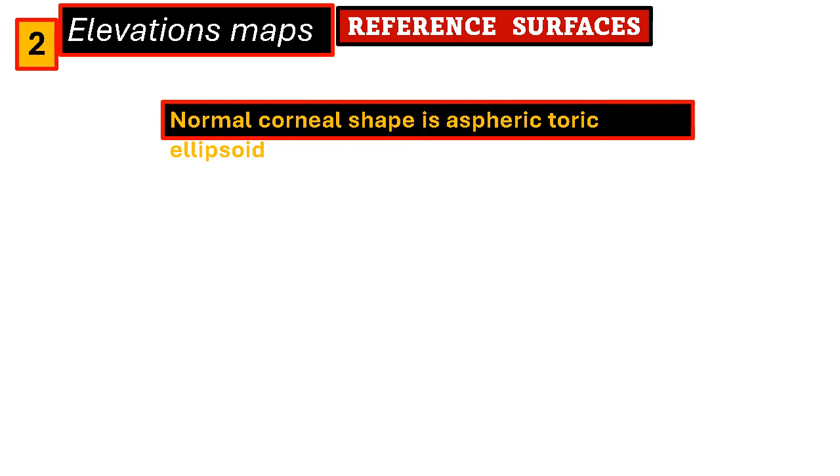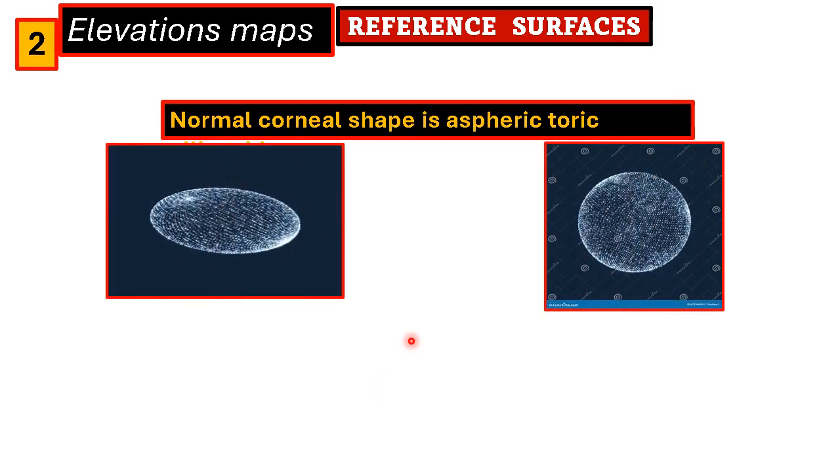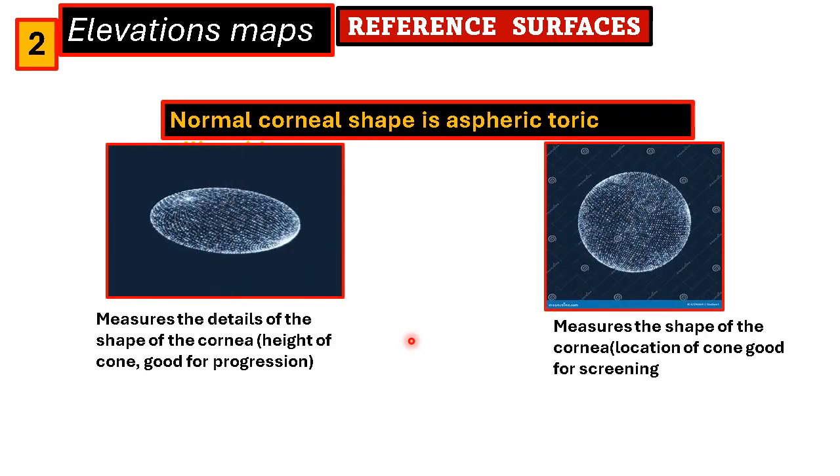As you know, the normal shape of the cornea is a aspheric toric ellipsoid, and to study the elevations present in the cornea, it should be compared with a reference surface. There are many types of reference surface, but the most common is the best fit sphere, which is this one that we use to compare the curvature and the elevation of the cornea.